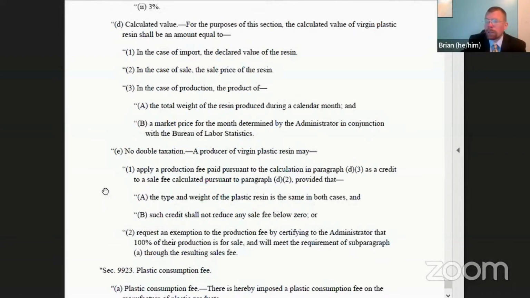In the case of vertically integrated industries that produce their own plastic resin and then manufacture it into finished products for sale, it's a matter of calculation by weight and a market price for the month that the Bureau of Labor Statistics would help determine. Otherwise, the tax should be applied at the point of sale or point of import.